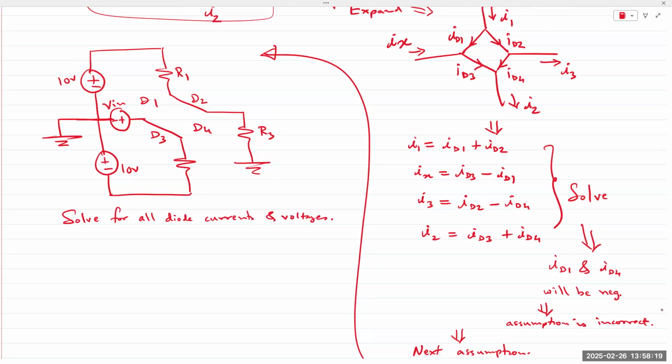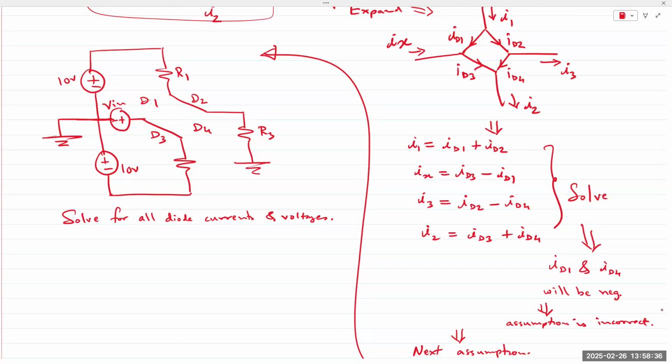The diodes which we assume to be on must have a positive current. And the diodes which we assume to be off must have negative voltage. And if you do that, then your assumption is correct.